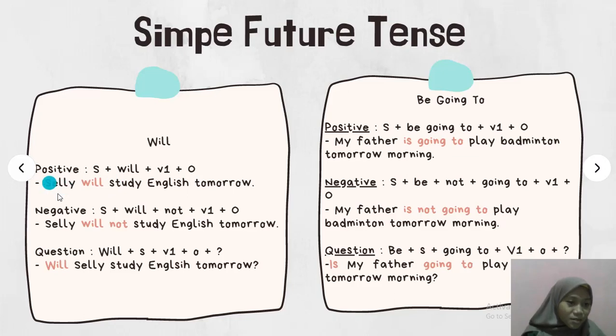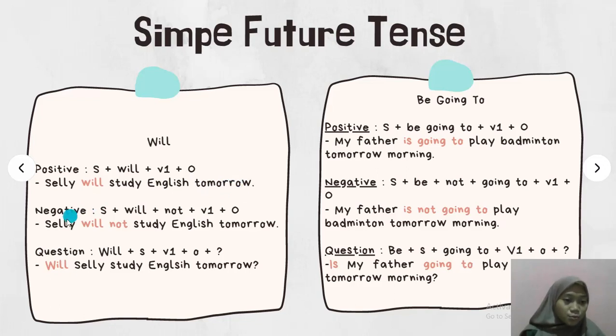For example, Sally will study English tomorrow. Sally as a subject, will. After will, we put study or verb 1. Verb 1 is like study, sing, cook, walk, and others. And after study, we have an object and time signal, tomorrow.